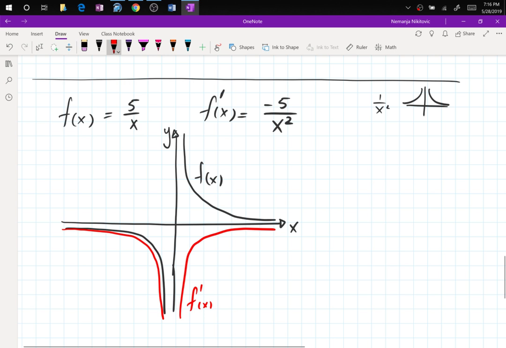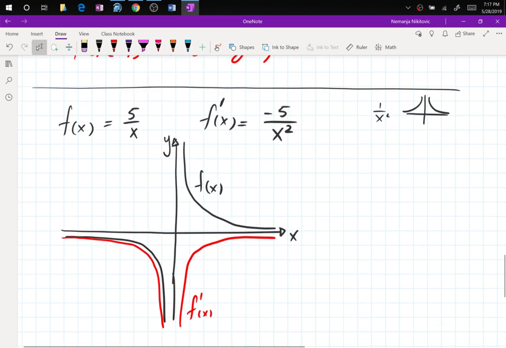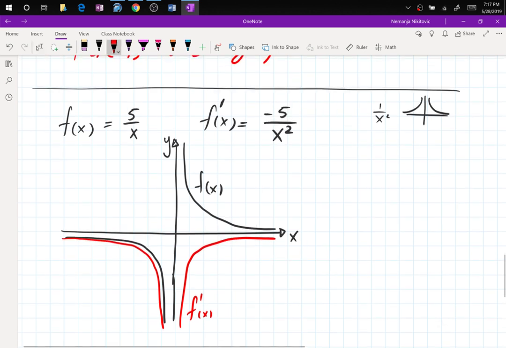The big reveal here is that the vertical asymptote stays at the same spot. That's the big one.